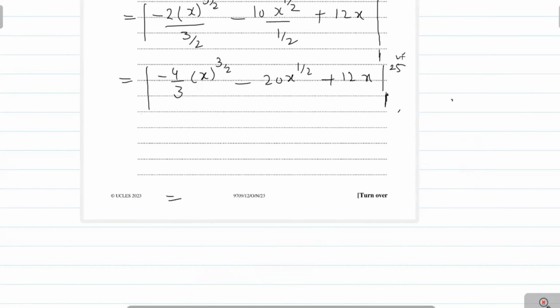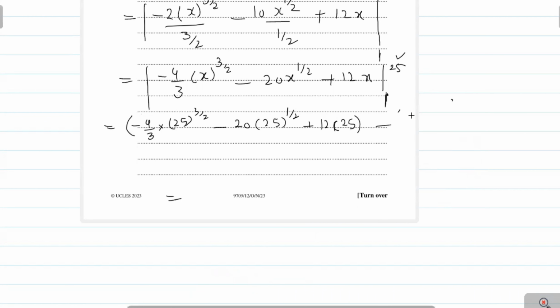Firstly, we substitute the upper limit value in this expression, and therefore we can write 4 over 3 into 25 power 3 over 2 minus 20 into 25 power 1 over 2 plus 12 into 25.